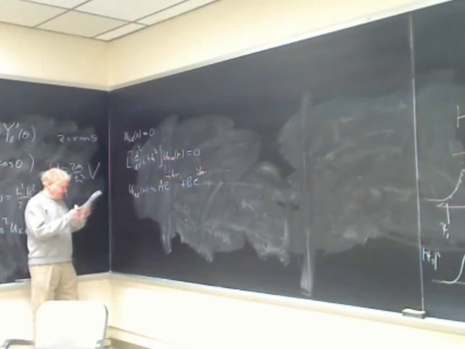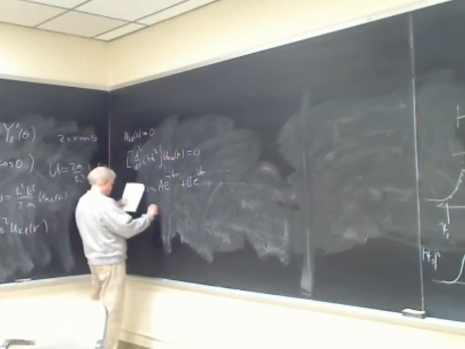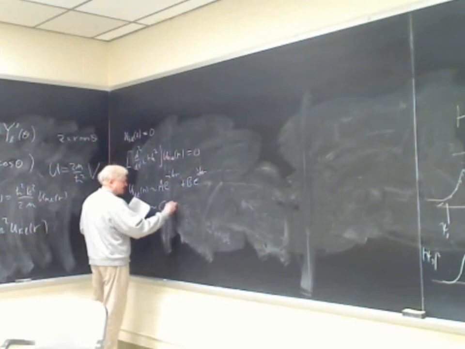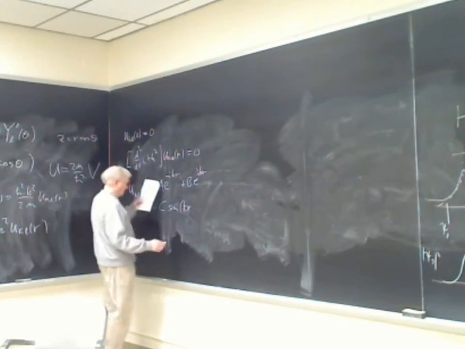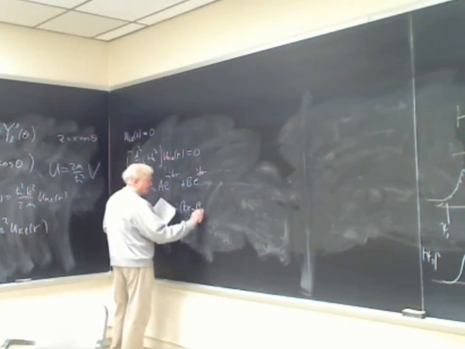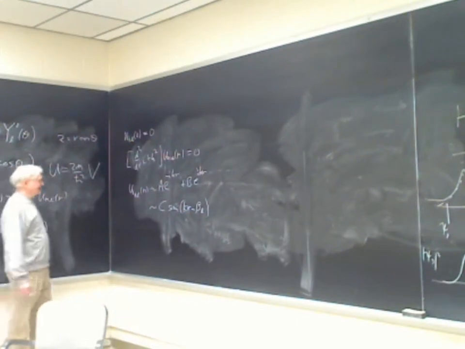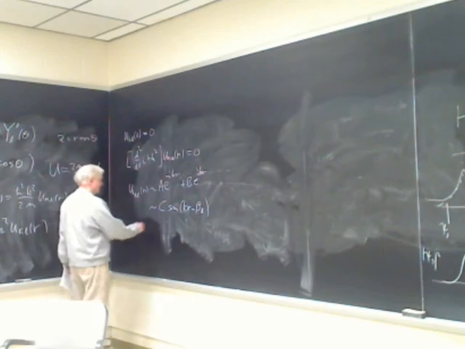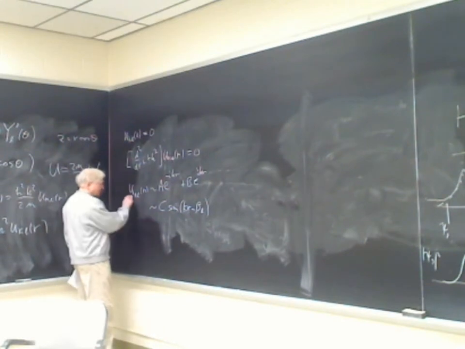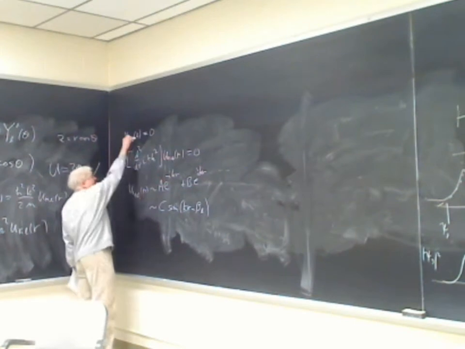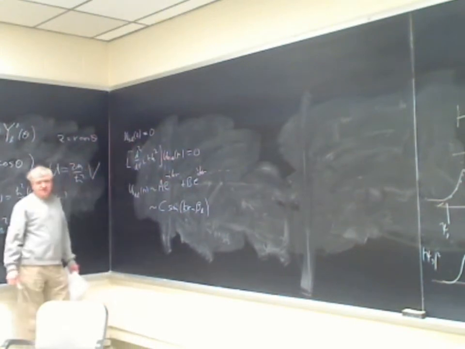And so this thing can be written as some constant times the sine of kr minus some beta sub L. And what is beta sub L? Well, it's whatever the thing is, so that when we get near the origin, we get back to this boundary condition.